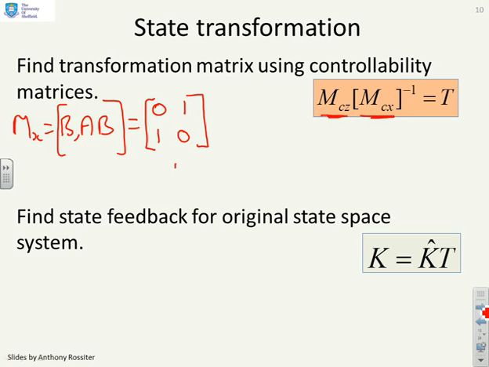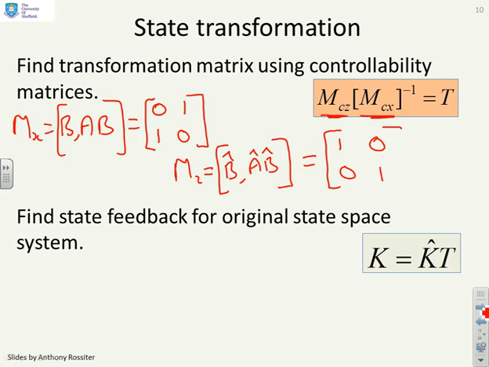And MZ is going to be B hat, A hat, B hat. And if you do that, you'll find you get 1, 0, 0, 1. So you notice they're actually quite similar, but they're sort of flipped versions one of another.